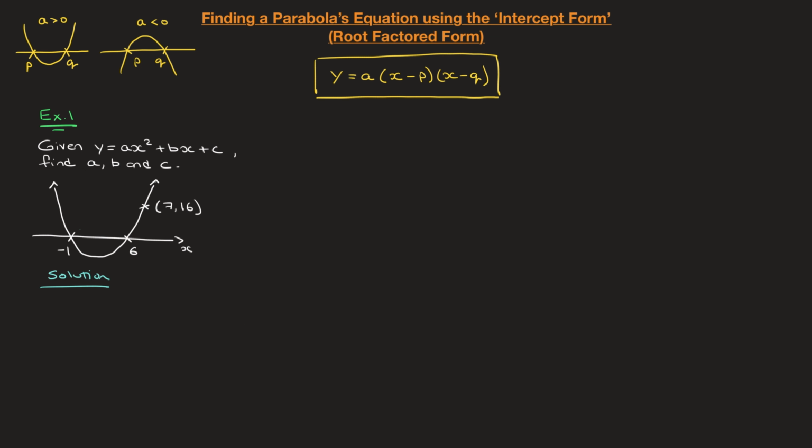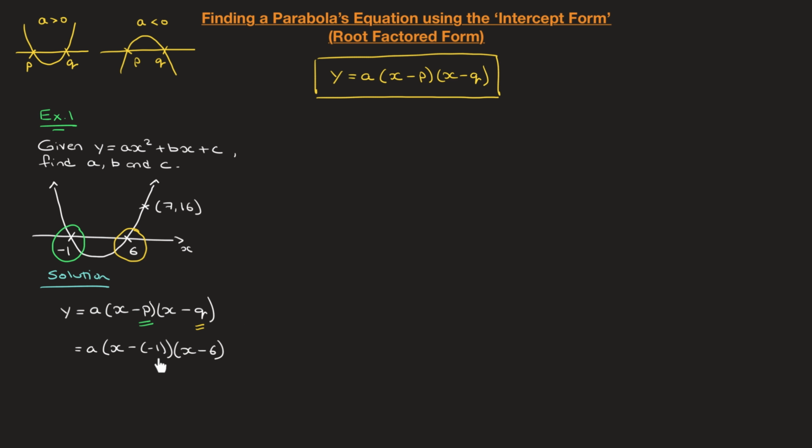Since we're told where this parabola crosses the x-axis, indeed it crosses it at x equals -1, as well as at x equals 6, we can copy y equals a times, in parentheses, x minus p times x minus q, and replace the p that we see here by -1, and the q in this formula by 6. Doing so would lead to a times, in parentheses, x minus -1 times x minus 6.